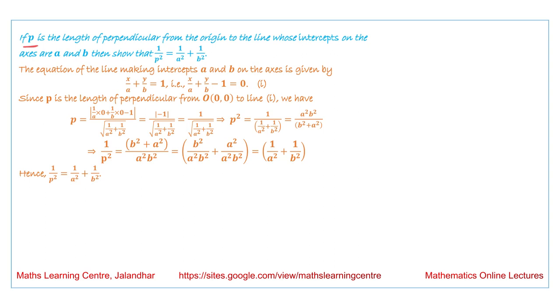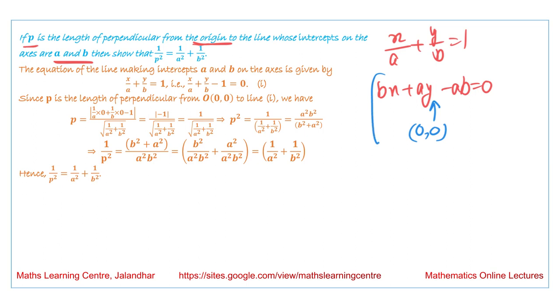Next is, if p is the length of the perpendicular from the origin to the line whose intercepts on the axes are a and b, it means we are talking about the equation of the line x over a plus y over b is equal to 1, that is bx plus ay minus ab is equal to 0. The distance of this from the origin (0, 0) is given by mod of ab divided by square root of a square plus b square, and this value is given to be equal to p.